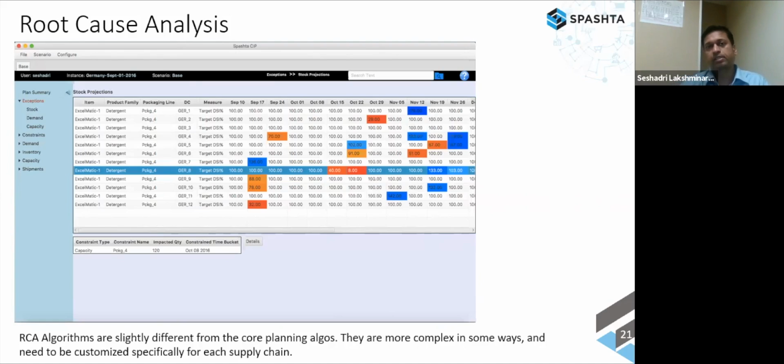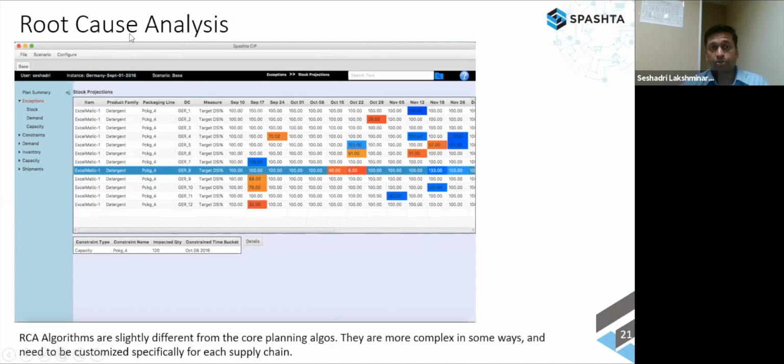So root cause analysis is the process of telling you that if I have an exception anywhere, then why is that exception even happening? In this case, the exception is because of a capacity constraint. I'm low on inventory because of a capacity constraint, and there is a certain quantity that has been impacted, and it tells you what the time period of impact is as well.